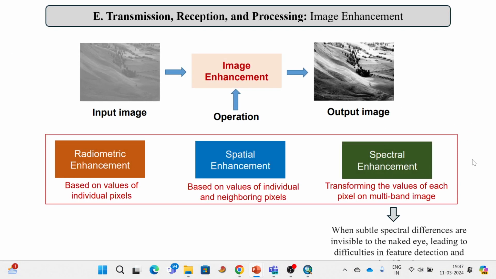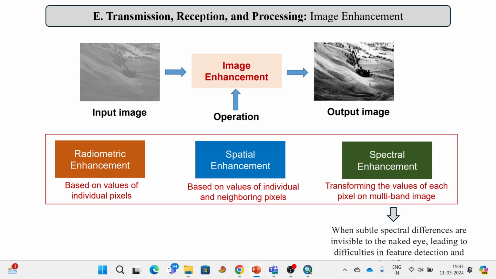and now we'll go for the third kind of enhancement, which is spectral enhancement. So this is not based on only one band image, so you have to look for other bands too.